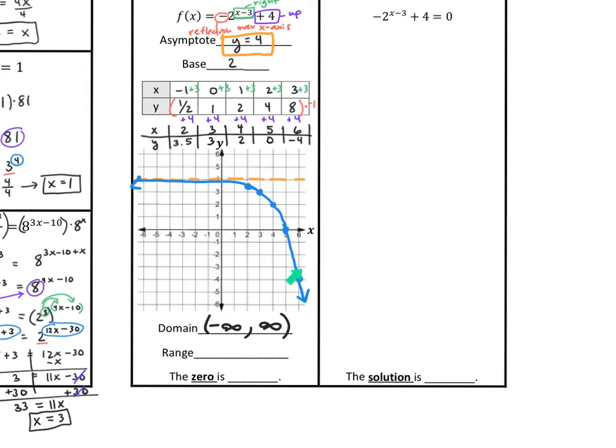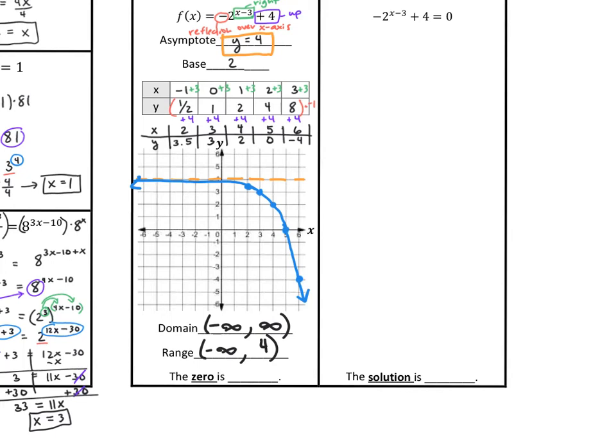If I'm scanning from the bottom, this arrow is going down towards negative infinity. And it's going up, but does it go past this boundary? No, right? Where's this boundary at? The boundary is at 4. So my range stops at 4.